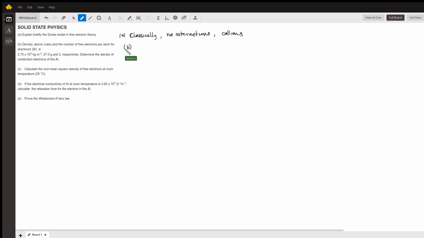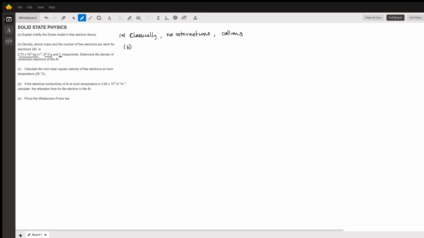So part B is to calculate the density of conduction electrons in aluminum. So we're given the density of aluminum, the atomic mass of aluminum, and the number of free electrons in every atom of aluminum.